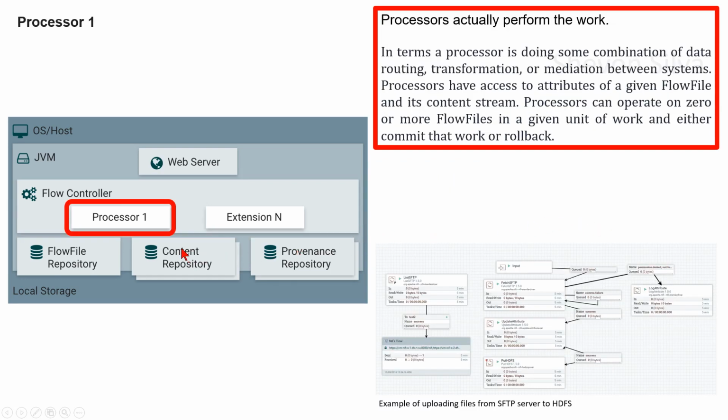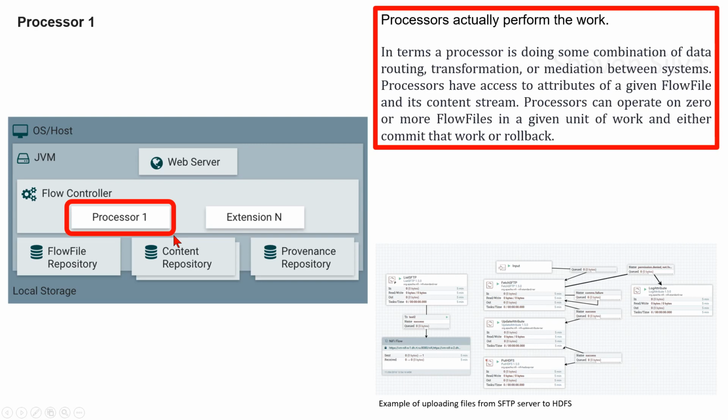Now we are focusing on processors. Processors actually perform the work. In terms, a processor is doing some combination of data routing, transformation, or mediation between systems. Processors have access to attributes of a given flow file and its content stream.